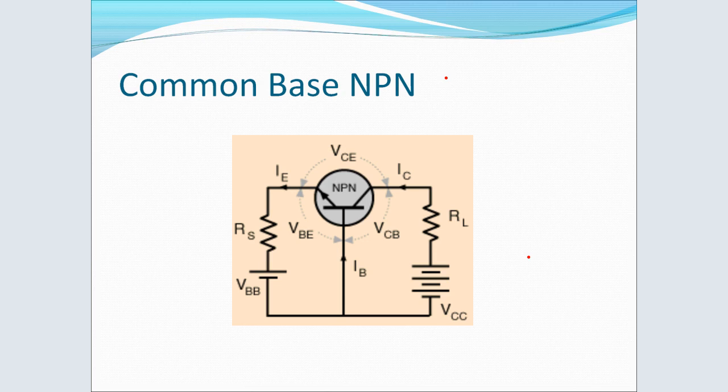Okay, RL is to determine if there is an effective flow of current in that circuit. VCC is referred to as the collector voltage, and VBB is referred to as the base voltage.